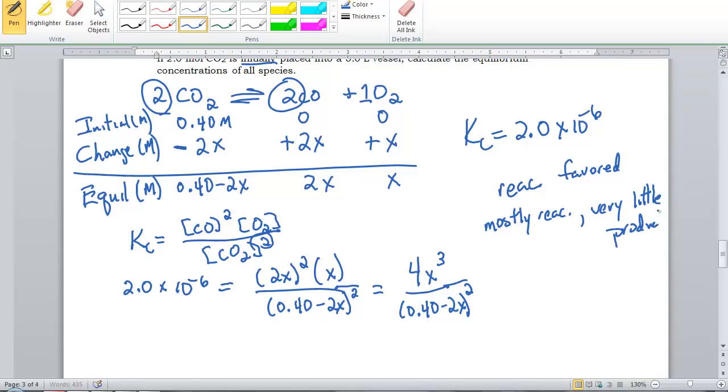Okay, and that's why the magnitude of K is hugely important. So what that means is that this amount that we have as 2x is going to be very small.